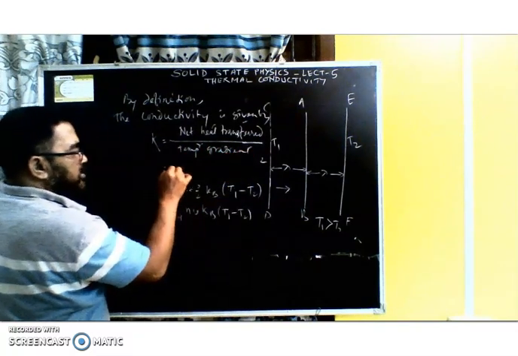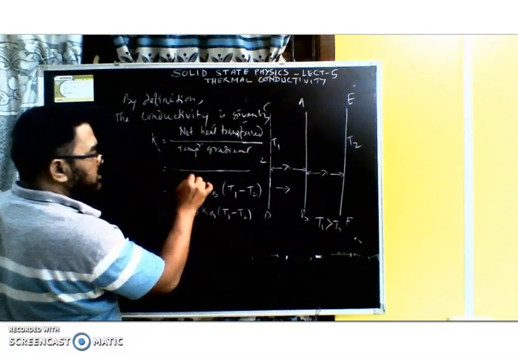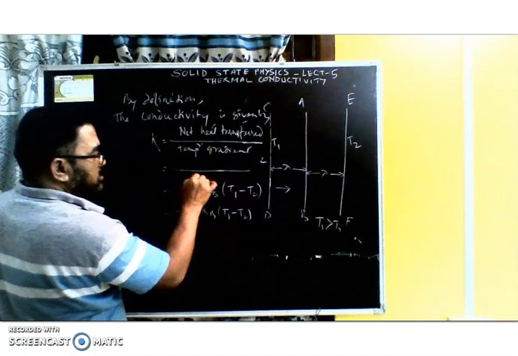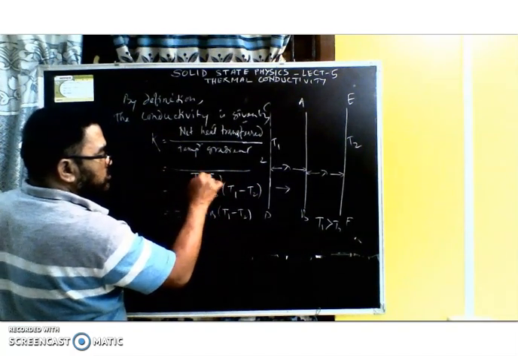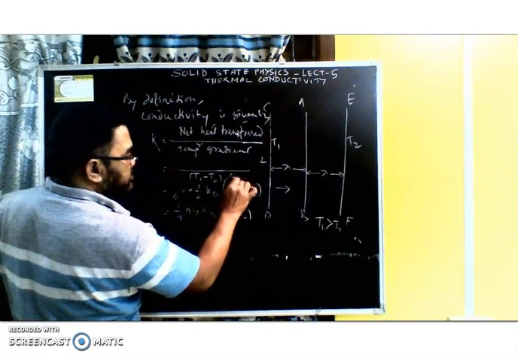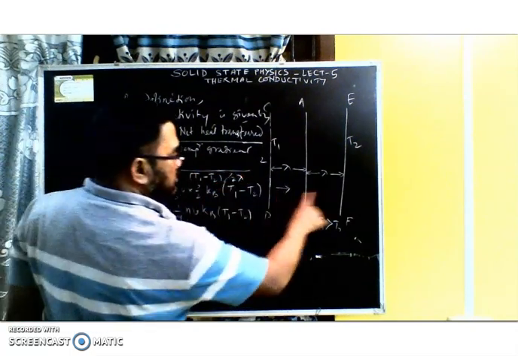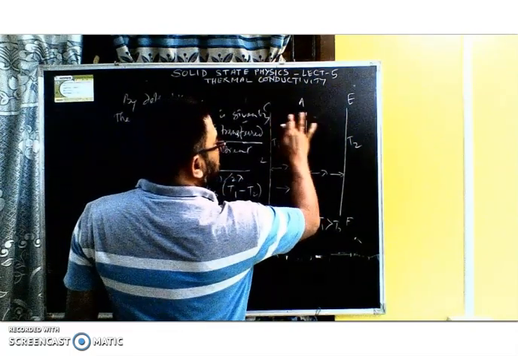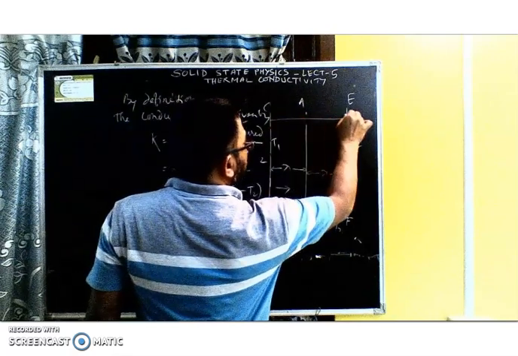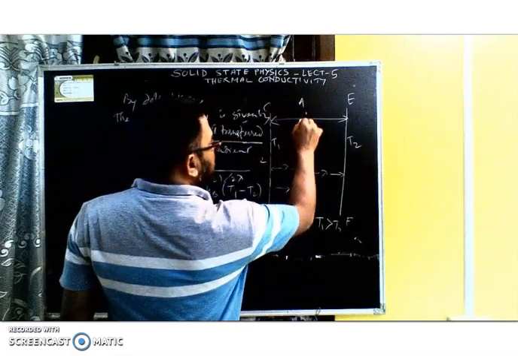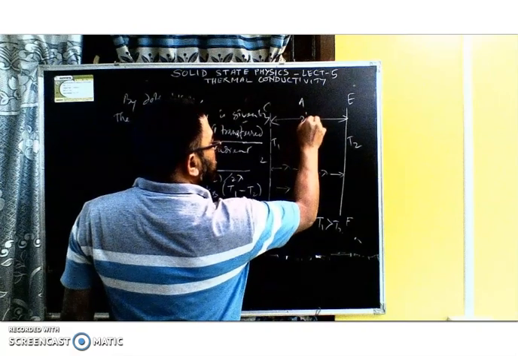So what is the temperature gradient? Temperature gradient is T1 minus T2 divided by twice lambda. The total path, this distance, is equal to lambda plus lambda, twice lambda.